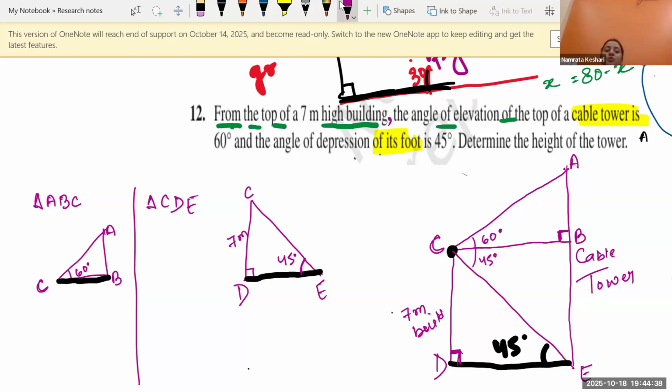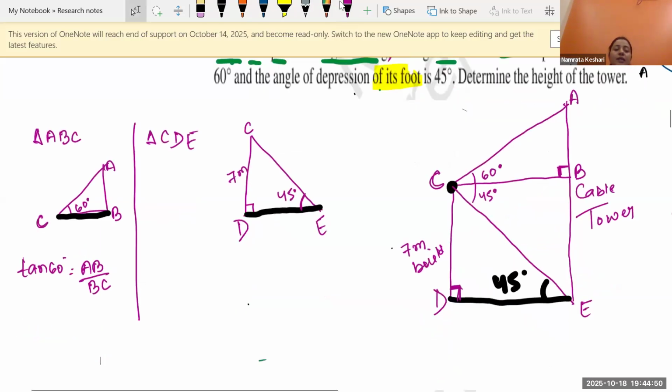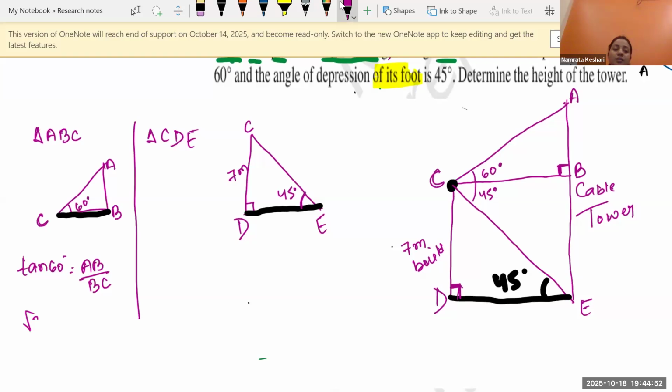Okay. So we'll be taking tan 60 is equal to opposite over adjacent, and tan 60 is root 3 is equal to AB, we don't know, over BC, we don't know. Here in CDE, tan 45 is equal to opposite over adjacent.